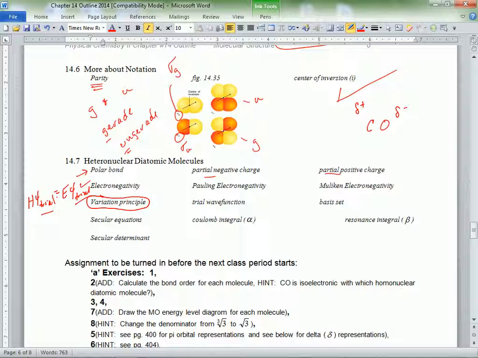So the real goal of all this is a potential energy surface. Because that's the part of the Hamiltonian operator that, right? Remember it had a kinetic energy part and a potential energy part.